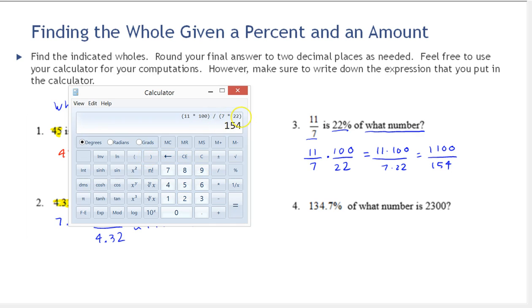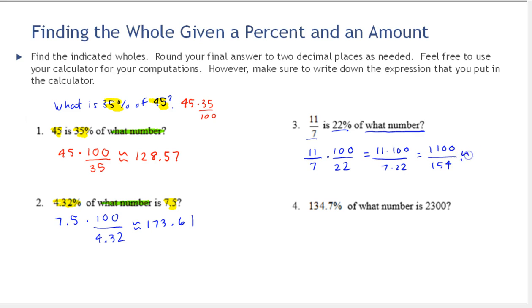Imagine if these parentheses weren't here, the calculator would multiply 11 and 100, then divide by 7, and it would multiply that result by 22, and it would be as if the 22 was in the numerator, not the denominator. The parentheses make it multiply 7 and 22 and then use that entire quantity as the denominator. So your options are remember to use parentheses, or you could just multiply these out first and do this piece right here. Now we'll hit equals, and rounded to 2 decimal places is 7.14.